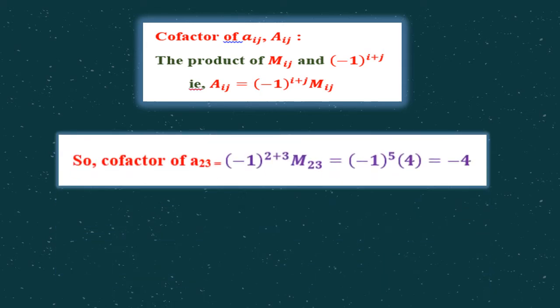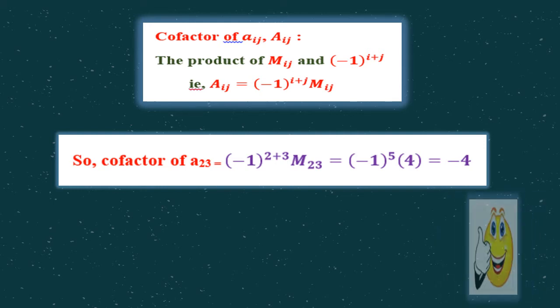So the cofactor of a23 in the previous example is minus 1 power the sum 2 plus 3, and the minor of a23 is M23. So minus 1 power 5 into 4. Already we know we have got the minor of a23 as 4 in the previous slide, and so we substitute that value as 4 here. So minus 1 power 5 into 4, that is minus 4. Got it?